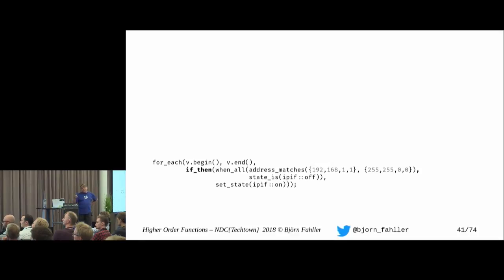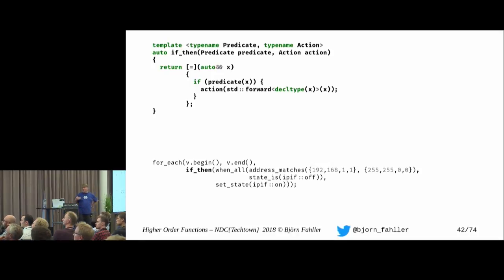You recognize the pattern. It's the same as always. It's a function template that takes a predicate and an action. We use the auto-return type to return a lambda that captures the predicate and an action. And if the predicate is true, then we call the action. In this case, maybe I overdid it, but why not let the action be allowed to consume value by perfect forwarding if it wants to?